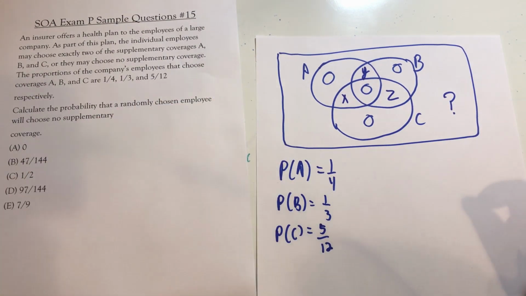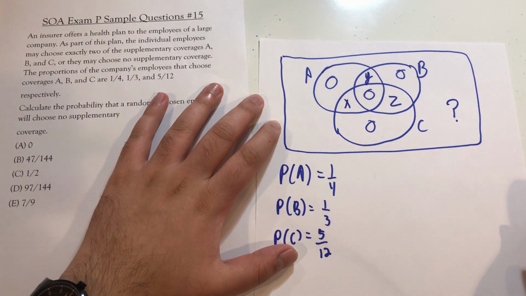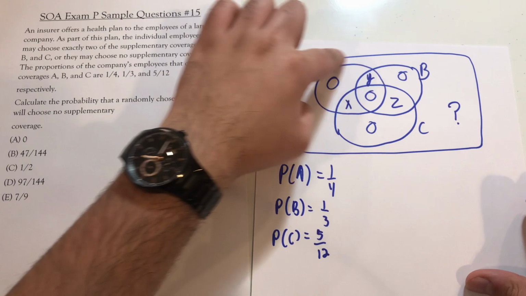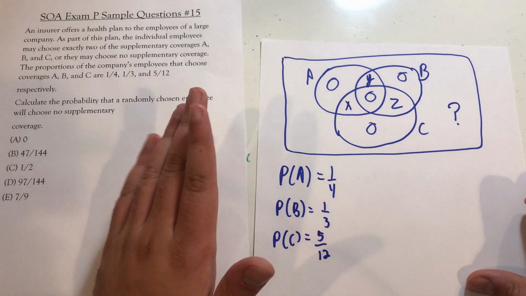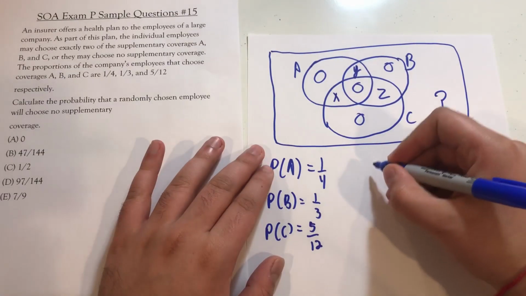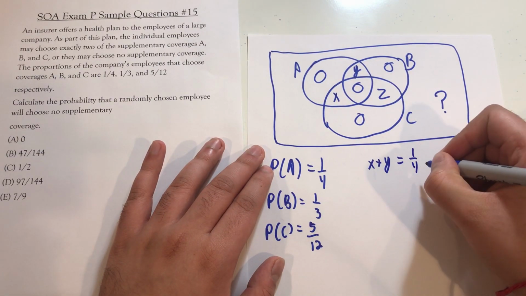All right, now 1/4 of these people should be in X and Y, right? Because that would encompass everyone that has coverage A, which is 1/4 of all employees. So X plus Y equals 1/4.